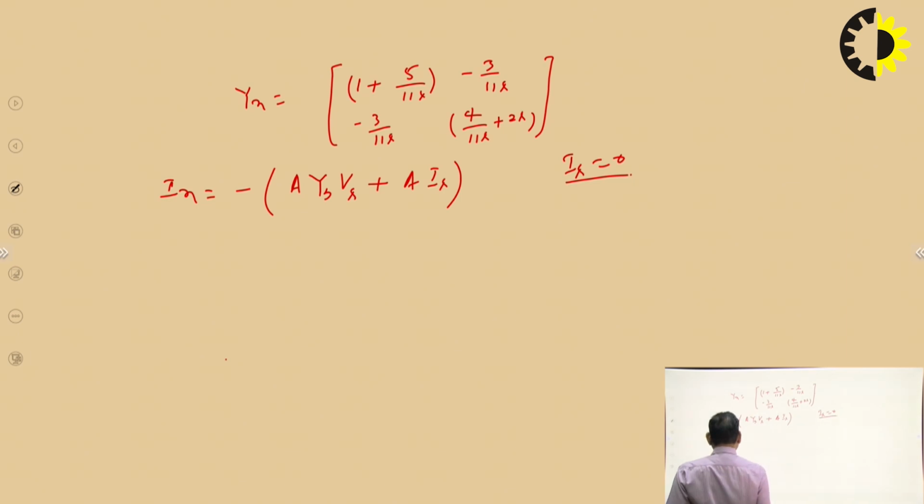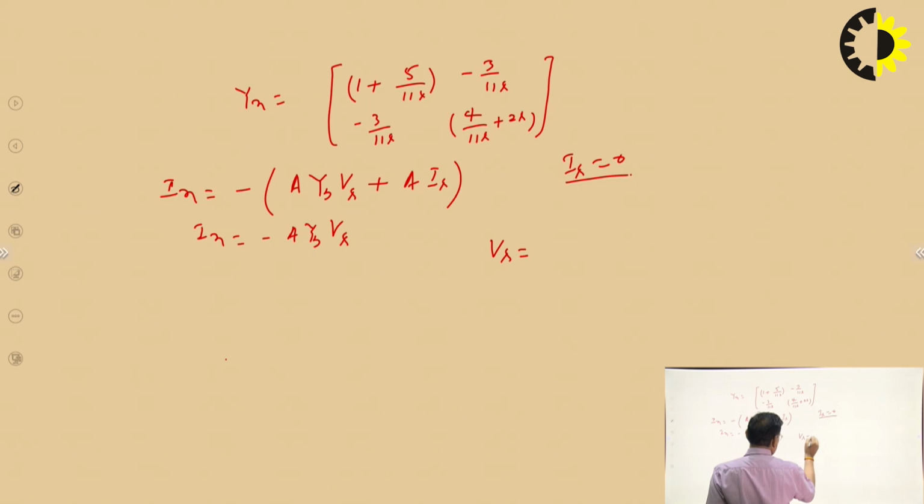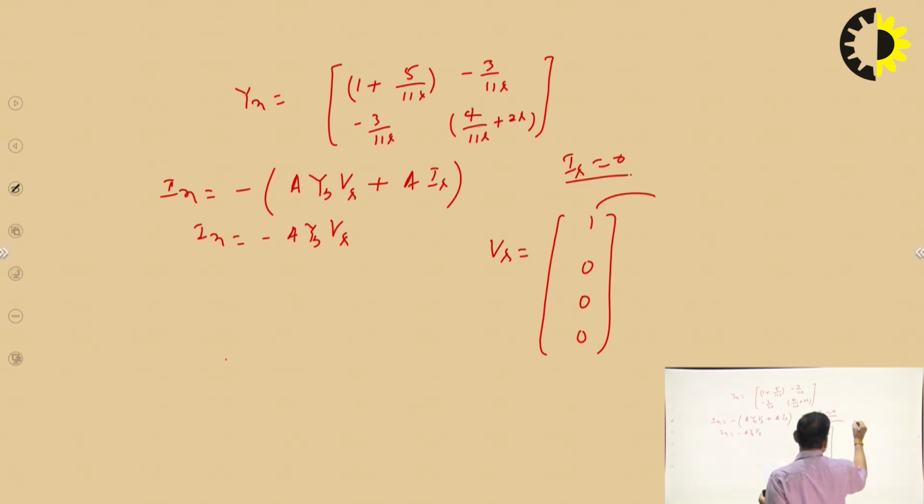So In is equal to minus A YB Vs, and Vs we can write as 1 0 0 0, because this is the 1 volt in branch number 1.